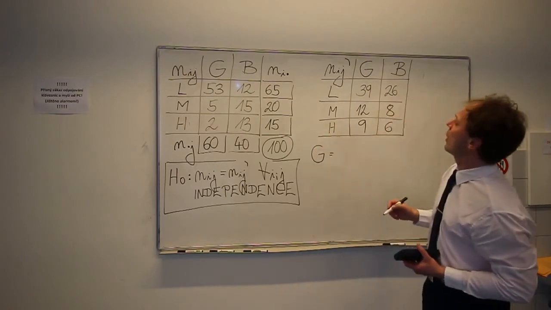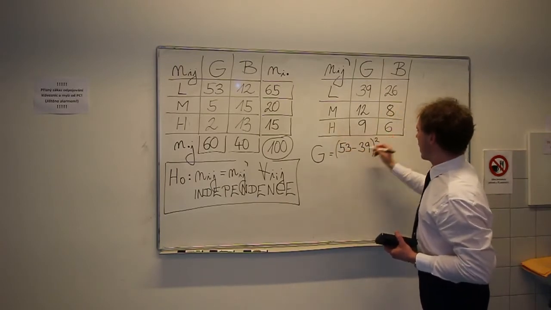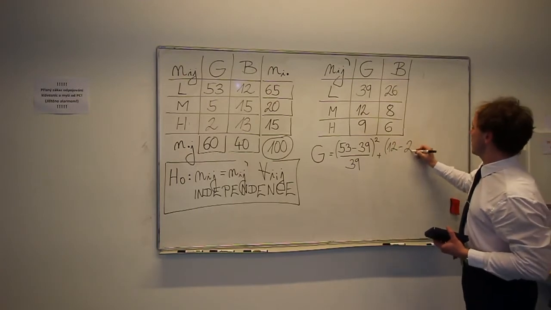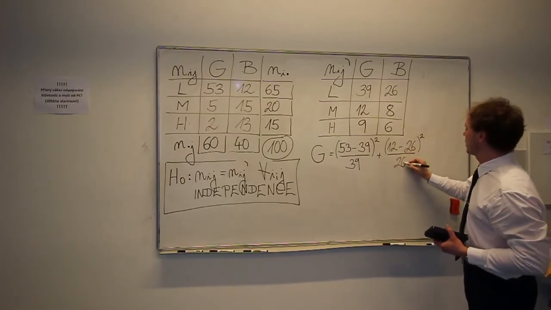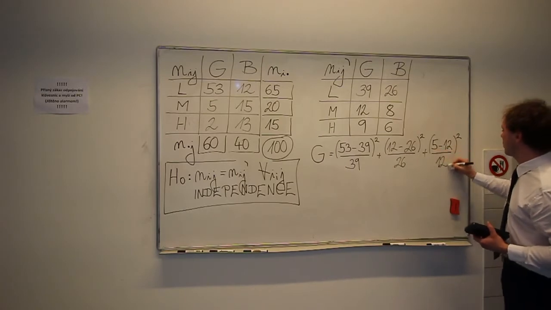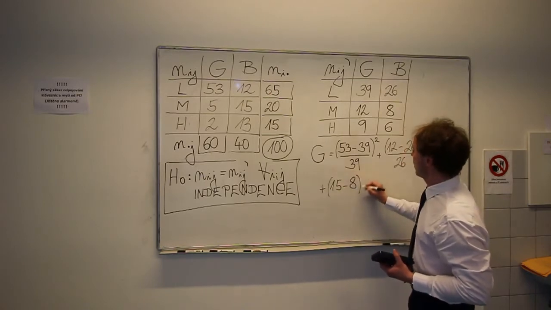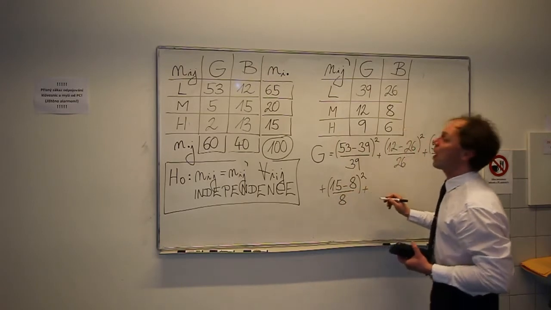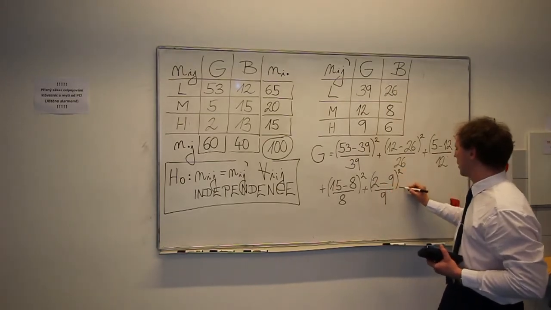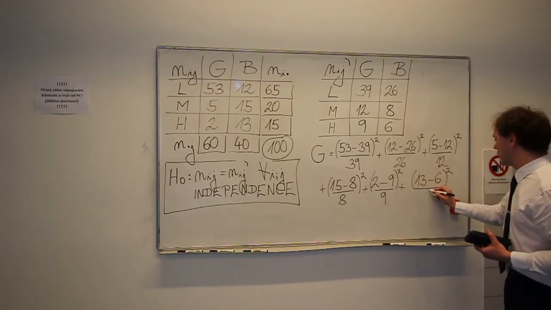And G will be calculated as 53 minus 39 squared divided by 39, plus 12 minus 26 squared divided by 26, plus 5 minus 12 squared divided by 12, plus 15 minus 8 squared divided by 8, plus 2 minus 9 squared divided by 9, plus 13 minus 6 squared divided by 6.